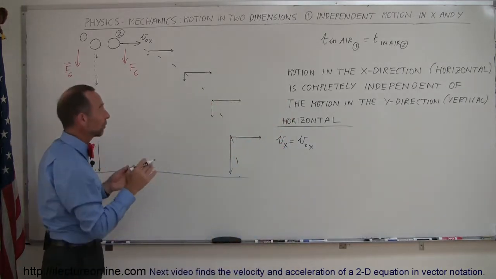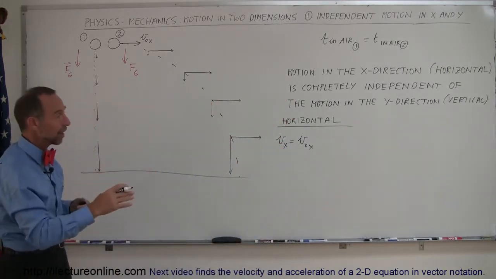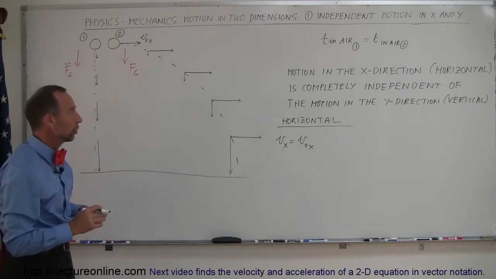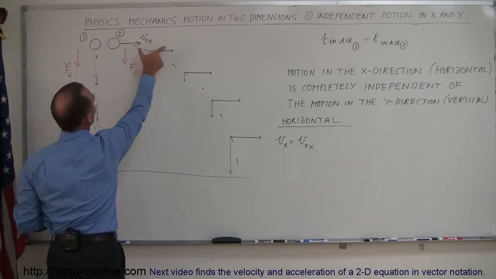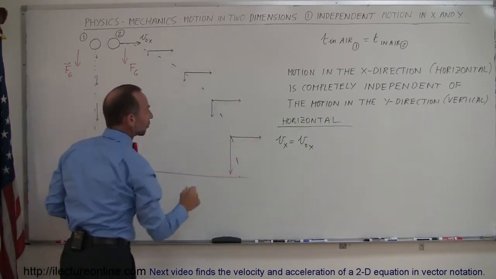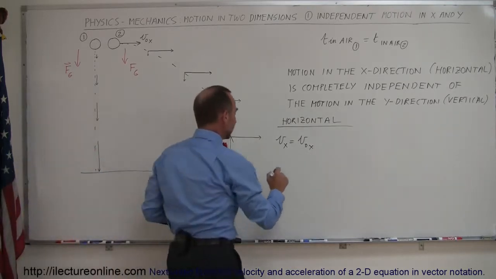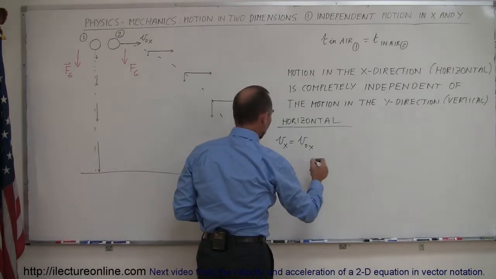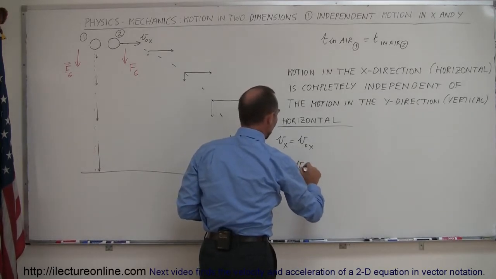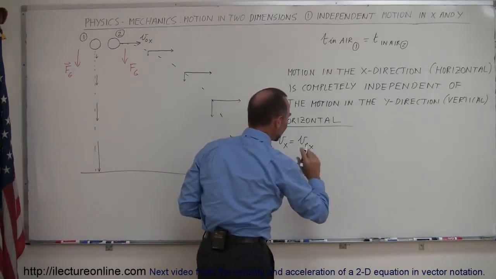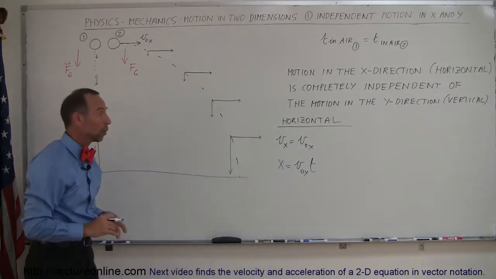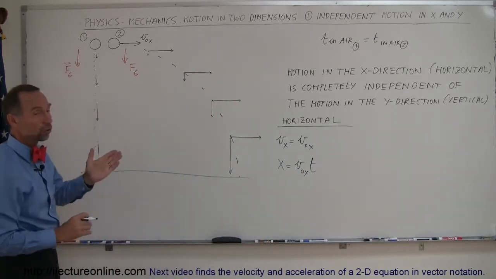Whatever the initial velocity was in the x direction, it will maintain throughout its entire motion. Notice that the arrow in the horizontal direction doesn't change. That represents velocity in the x direction. The distance traveled in the x direction is equal to the initial velocity in the x direction times the amount of time the object stays in the air, which is determined by the vertical motion only.